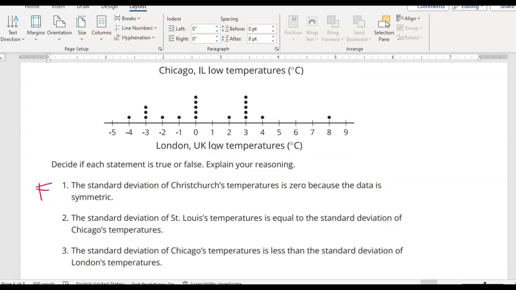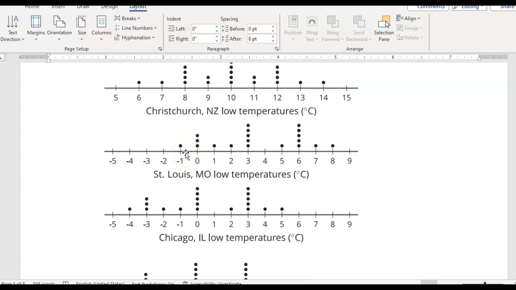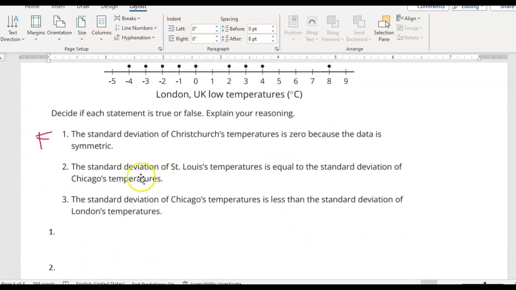That standard deviation would probably be pretty small because the data is symmetrical, but it is not going to be 0.